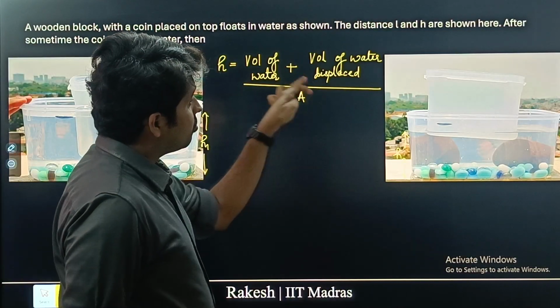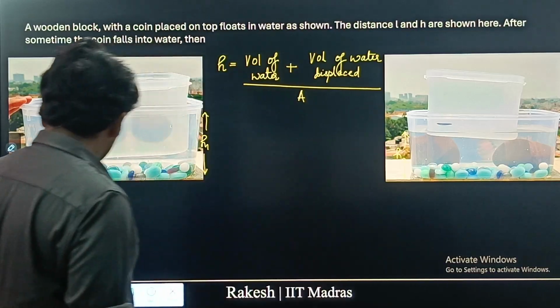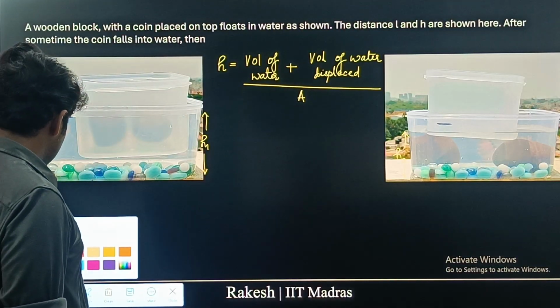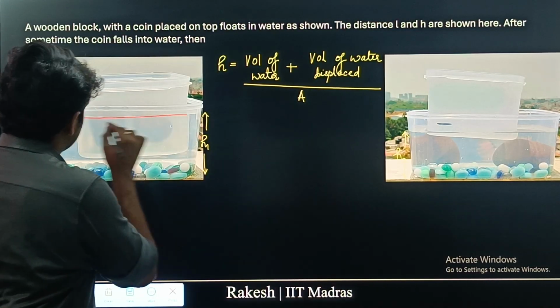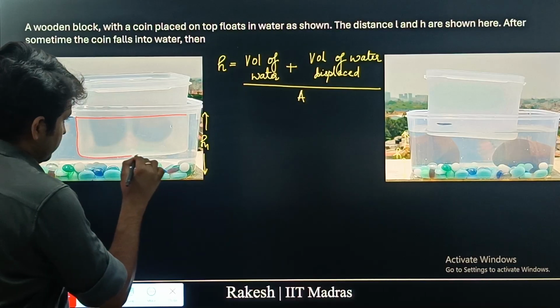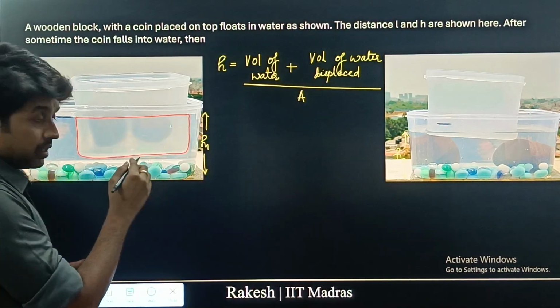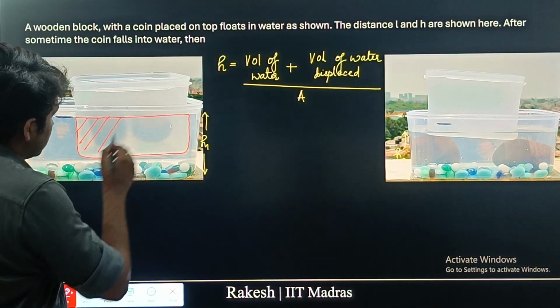What is this volume of water displaced? So let us just mark the volume of water displaced in each case. Suppose we take up this case. See, this is the volume of water displaced. Okay, I'm just marking the volume of water displaced here.